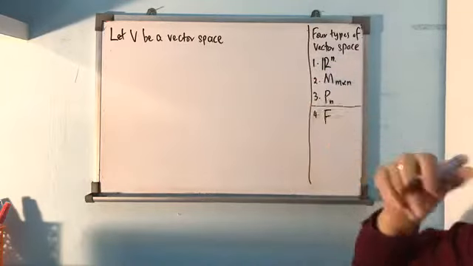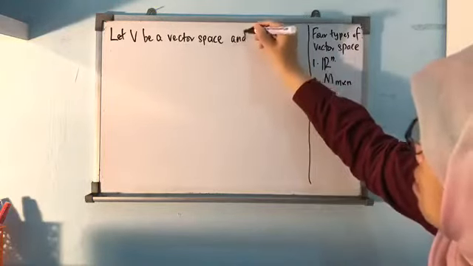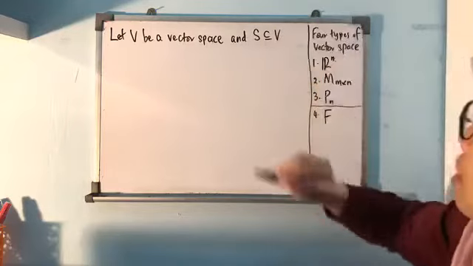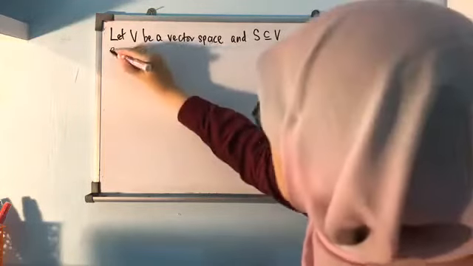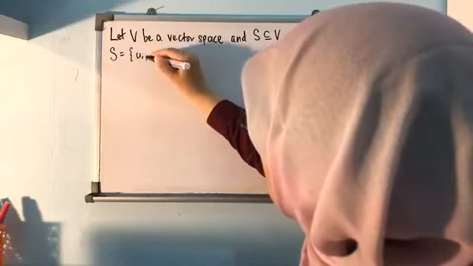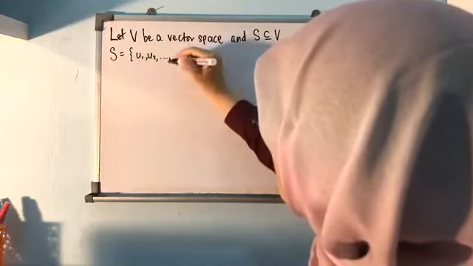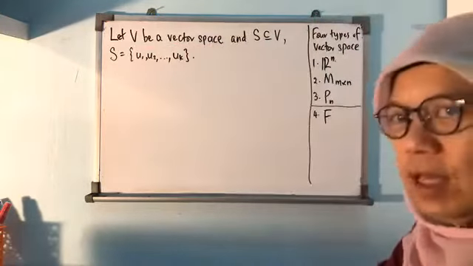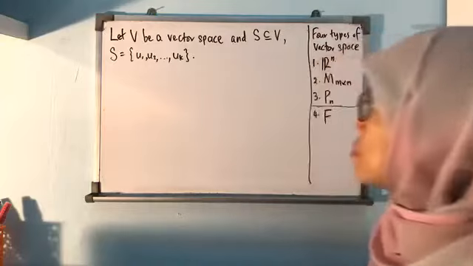I will mean these 3, and S is a subset of V, and we have U1, U2 until UK. Okay, you can use V, you can use U.